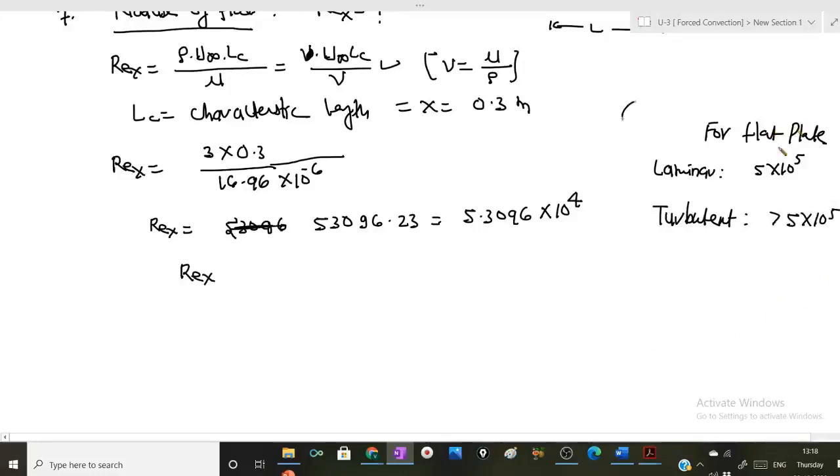The value you mentioned is applicable for internal flow, that is, flow through a pipe or tube. So please remember, Rex less than 5 into 10 to power 5 for a flat plate, flow is going to be laminar.